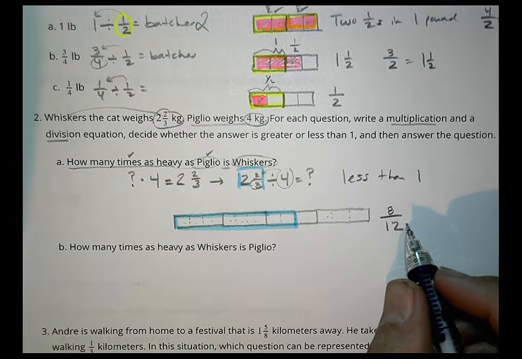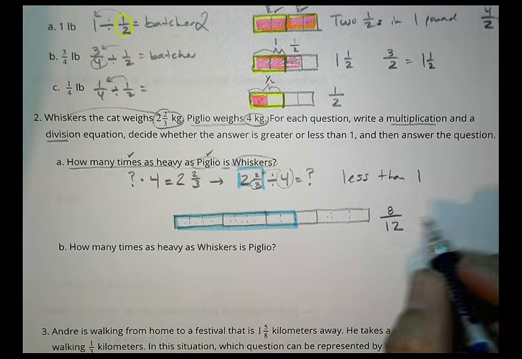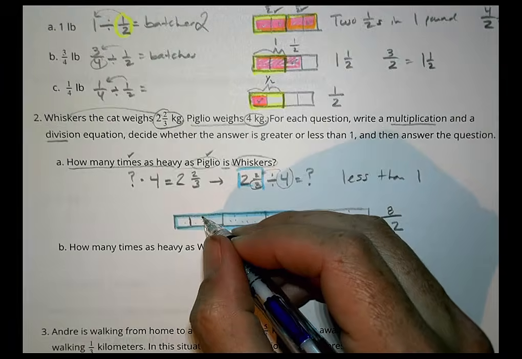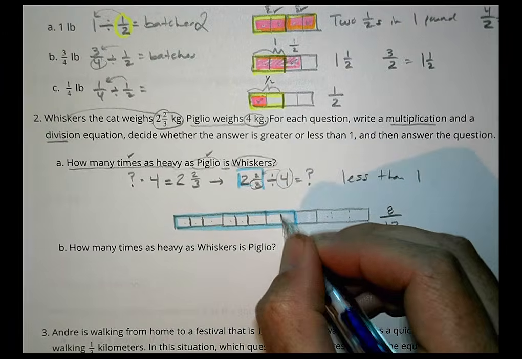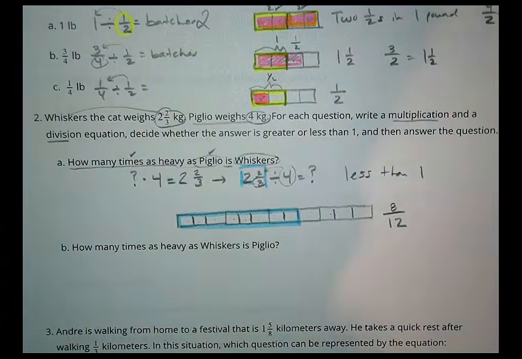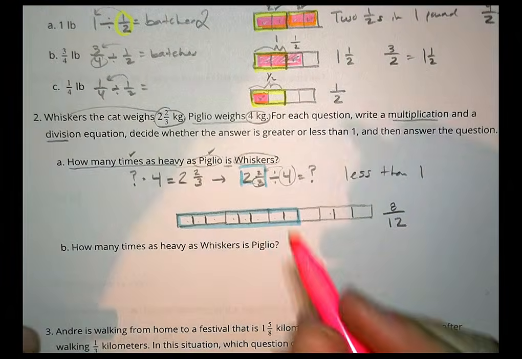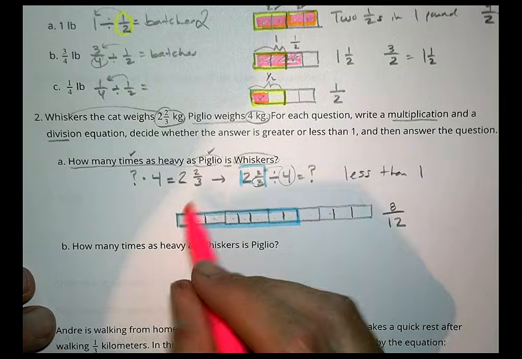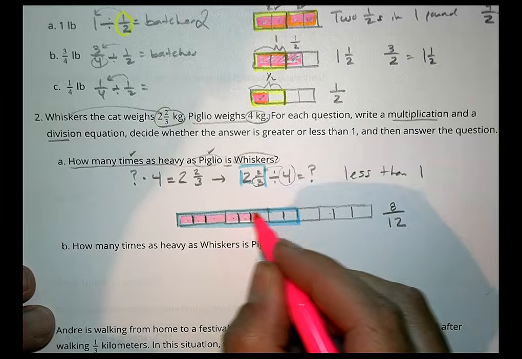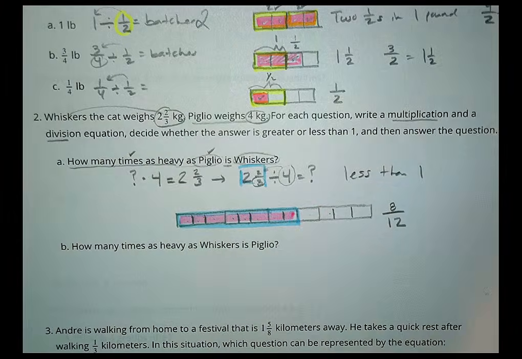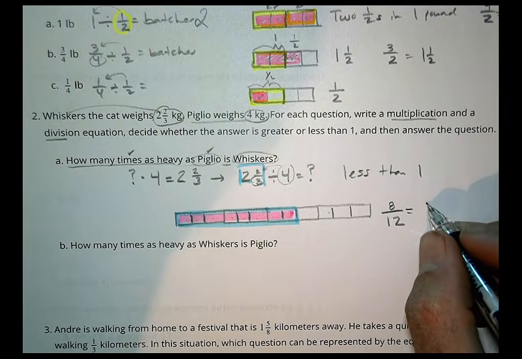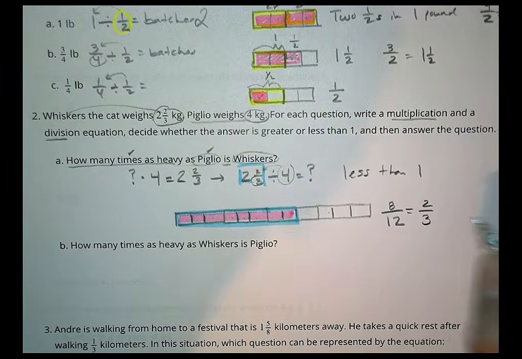I can draw these here, just to shade those in so they show up a little bit better for you. I'm not sure why I made it pink. Probably needed that. That's okay. And so that can reduce down to 2/3.